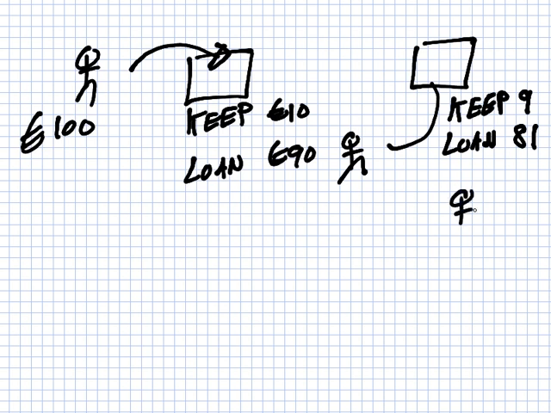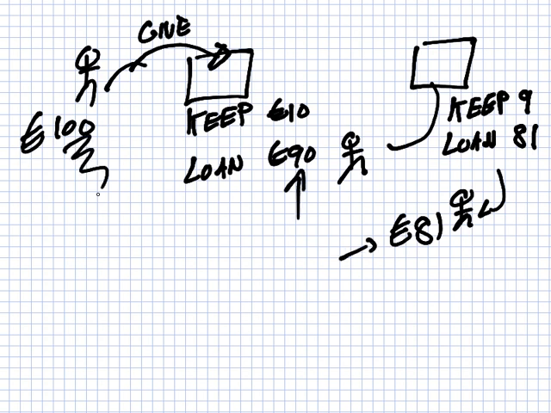So then another person gets 81. Now think about what's happened so far. I have given 100 to the bank, but 2 people got more money than what I started with. Yeah, because 90 plus 81 is more than 100. So I'm kind of making money here.